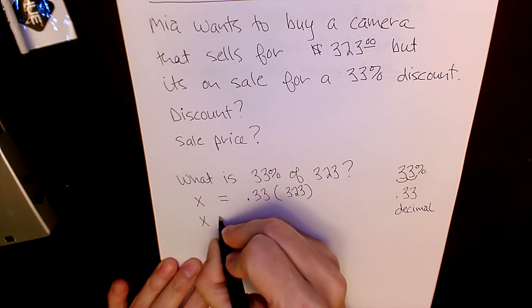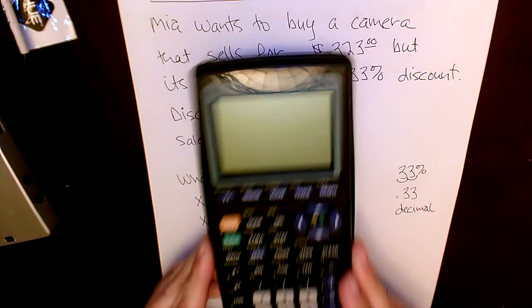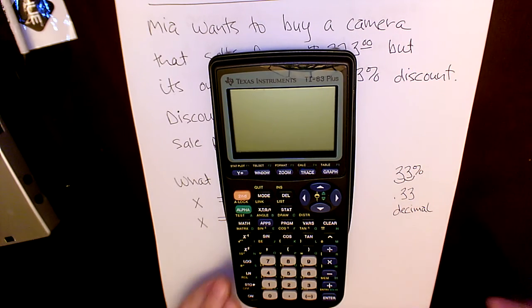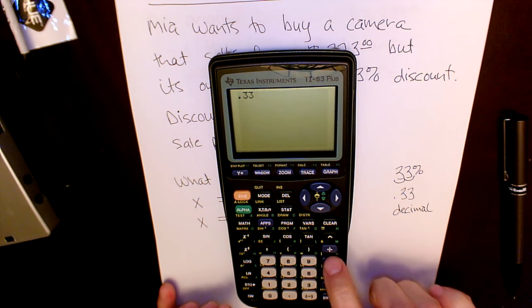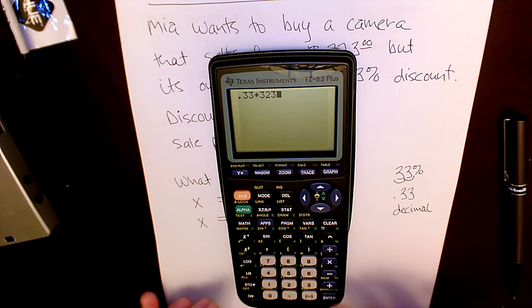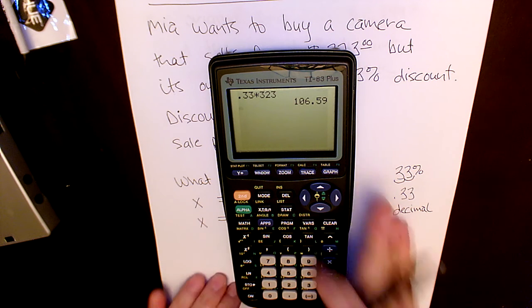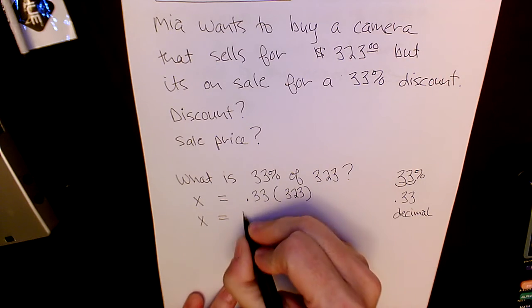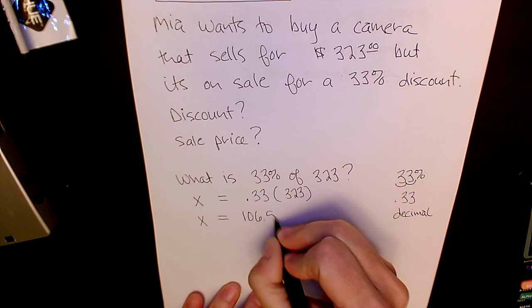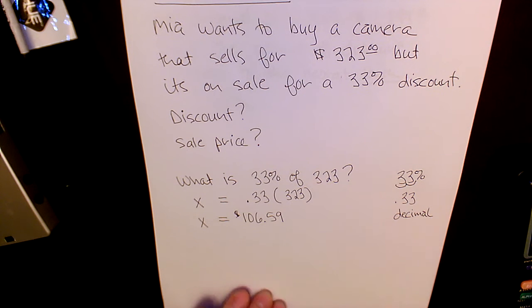So all I'm going to do is punch this into my calculator. 0.33 times 323, and I get $106.59.